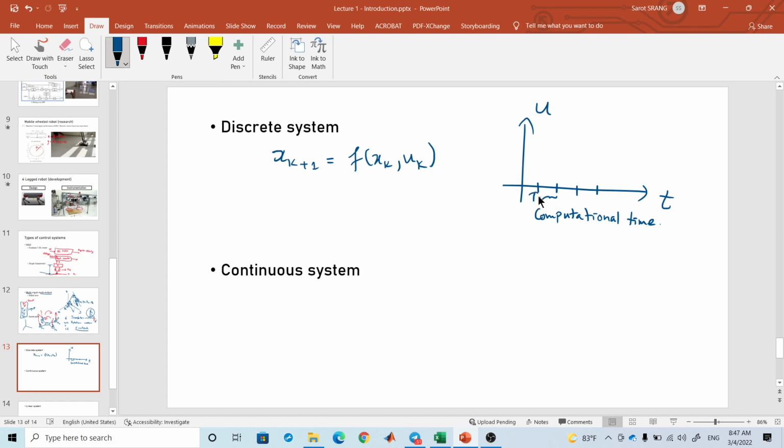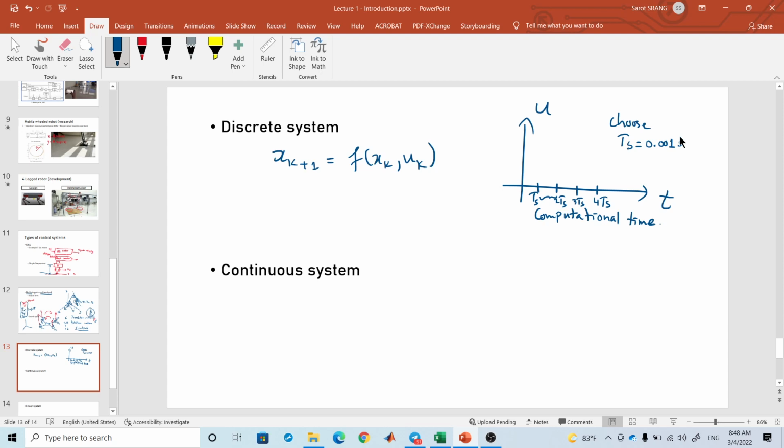So I call this one Ts, this one 2Ts, 3Ts, 4Ts. Let's choose an example, Ts equal to 0.001 seconds, just as an example.